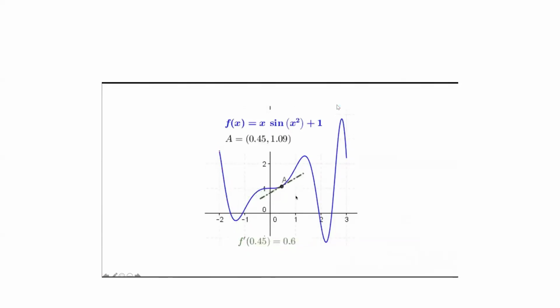Now, the moment the tangent is going up, you see that the derivative is positive, and now when it is going down the slope, it is negative. So this is what you can see, where the tangent moves towards the right. If it is moving right and upward, then the derivative is positive.